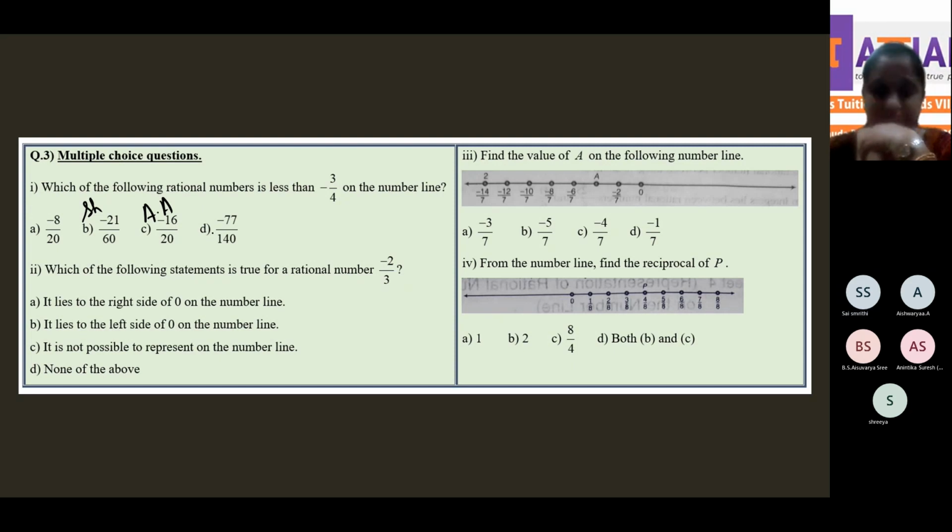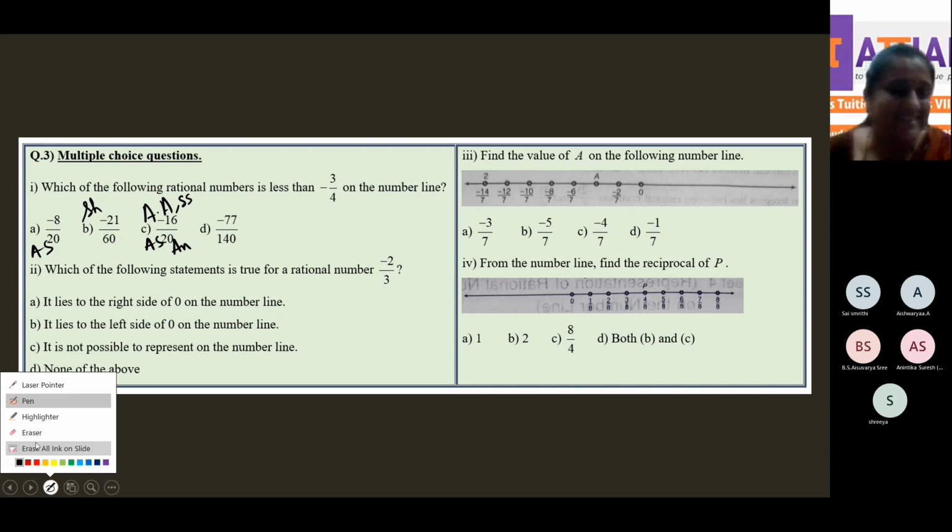Ma'am, I got minus 16 by 20. And C. Okay. Aishwarya Shri and Anantika have to share. Both A and C, ma'am. Aishwarya Shri says both A and C. Anantika is getting C, is it? Okay. Fine.